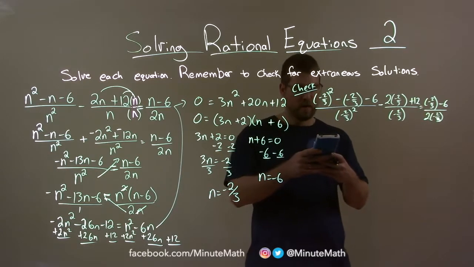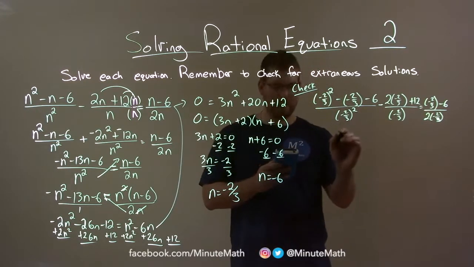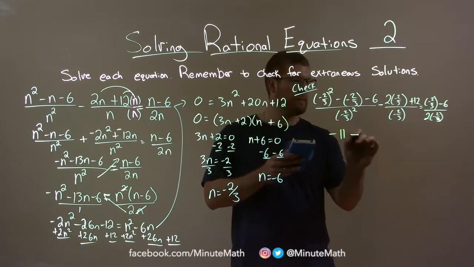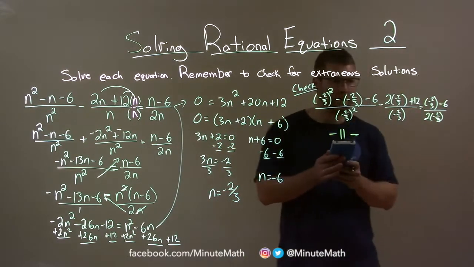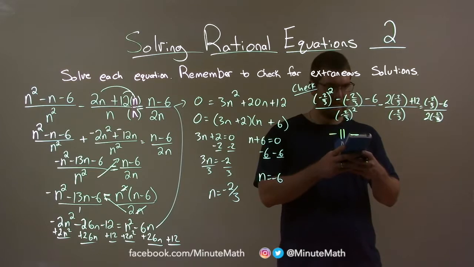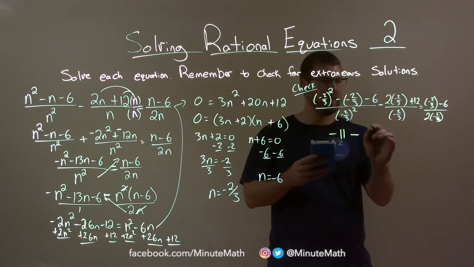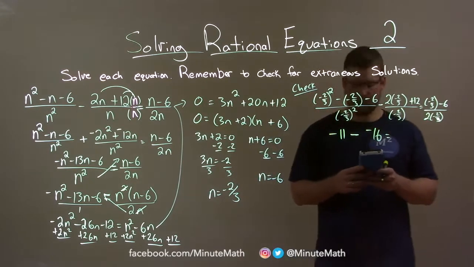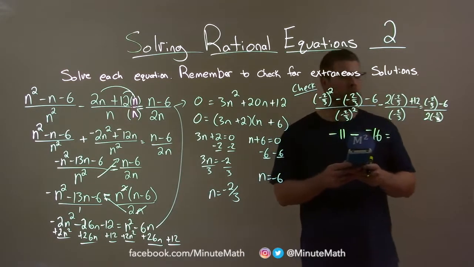This whole thing comes out to negative 11. Minus this part here, 2 times a negative 2 thirds plus 12 divided by a negative 2 thirds, and we have a negative 16. Kind of cool, it comes out pretty evenly to integers so far.